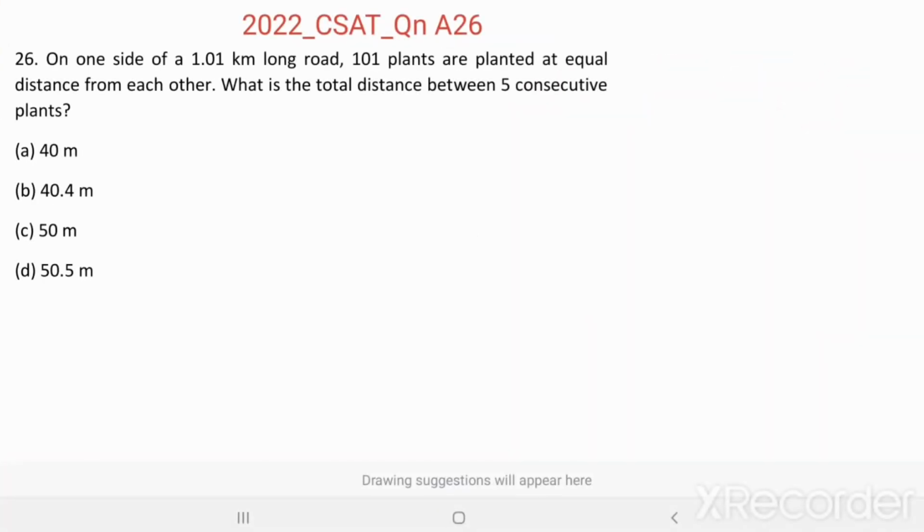Question number 26. On one side of a 1.01 kilometer long road, 101 plants are planted at equal distance from each other. What is the total distance between 5 consecutive plants?